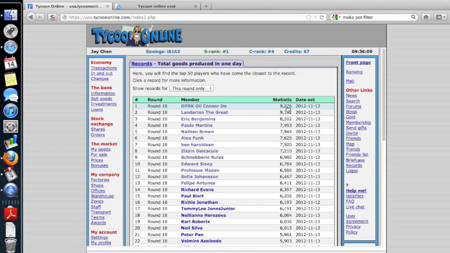He's producing a lot of units, and that's how much CV he's getting every single day, actually. So that's a considerable amount. If you want to produce a lot of goods, you can see your competition and get a good idea of whether or not you are producing enough goods to keep up.